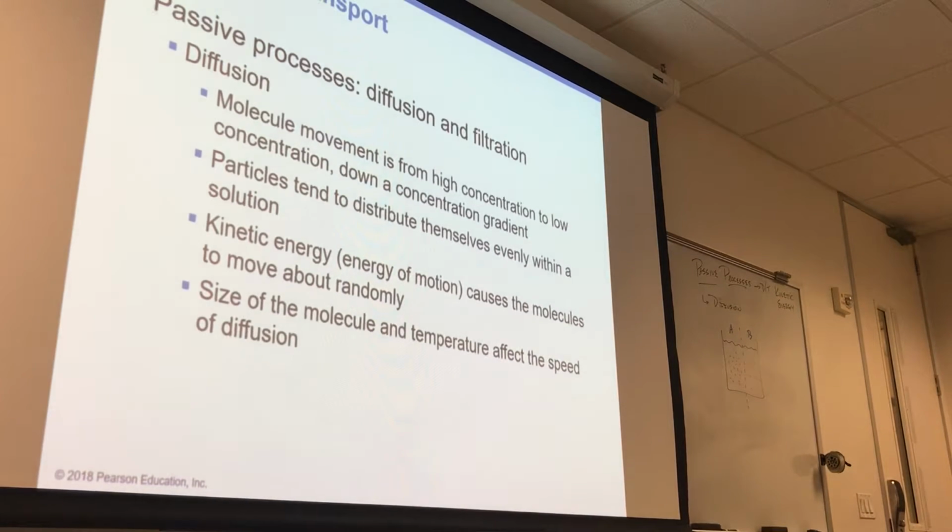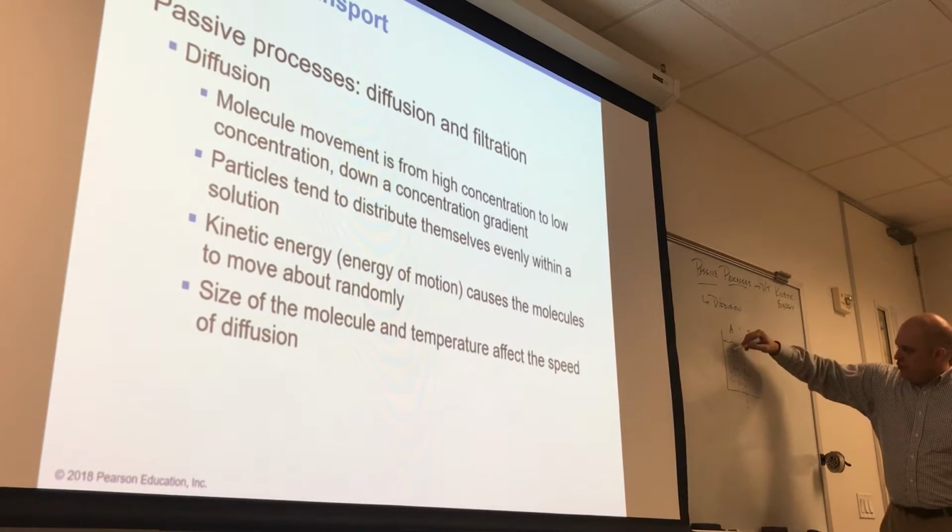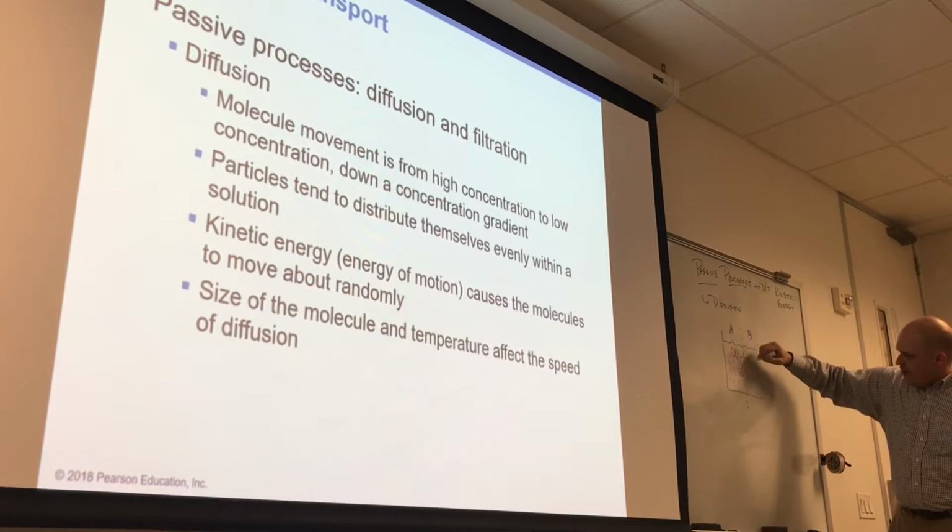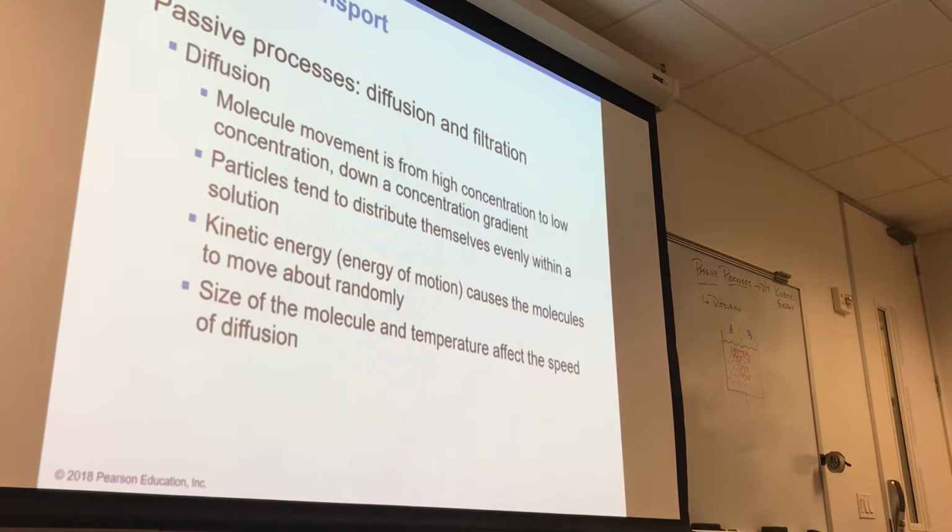The body in general doesn't like this. The body in general wants both side A and side B to be equal in concentration. So in diffusion, we're going to move the particles, or the solutes, that are on side A over to side B until side A and side B are equal in concentration.